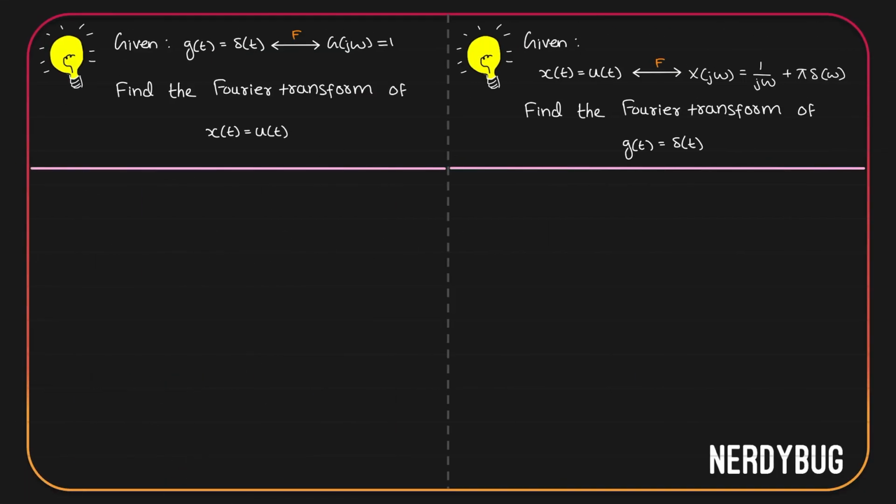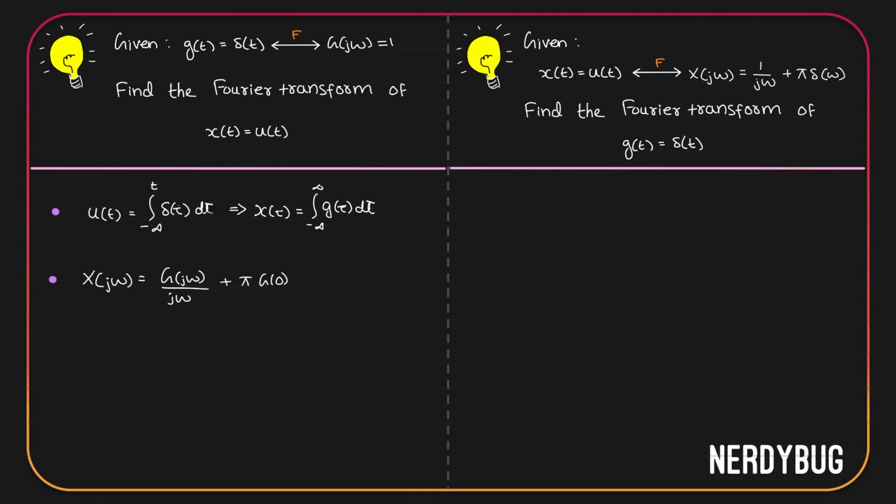Let us now solve a problem. It is given that the function g of t is delta of t, which is our impulse function, and its Fourier transform g of j omega is equal to 1. What we have to find out is the Fourier transform of x of t, which is equal to the unit step function u of t. We have an important relationship between delta of t and u of t. So we can use the integration property. Then x of j omega is going to be g of j omega divided by j omega plus pi g of 0 delta of omega.